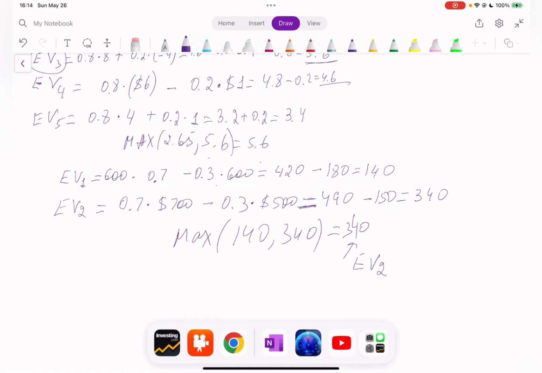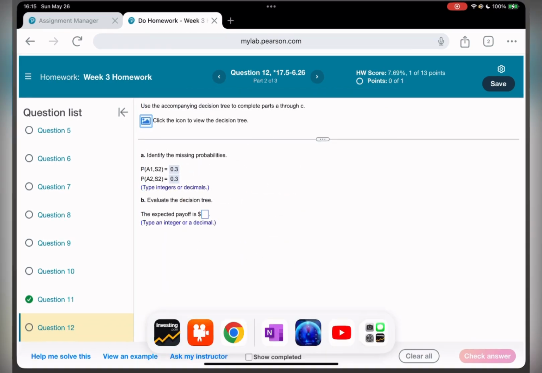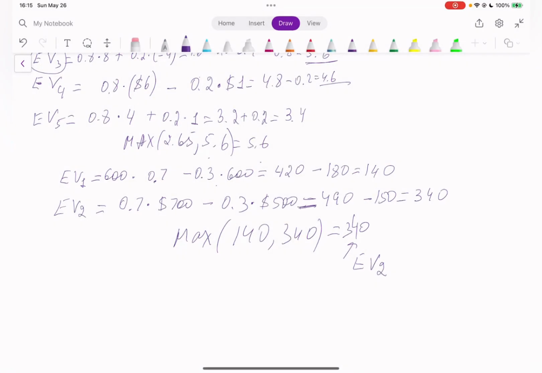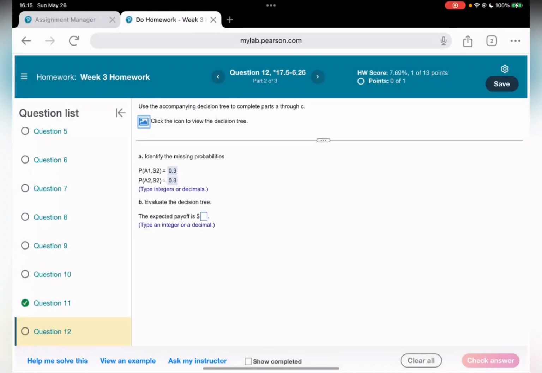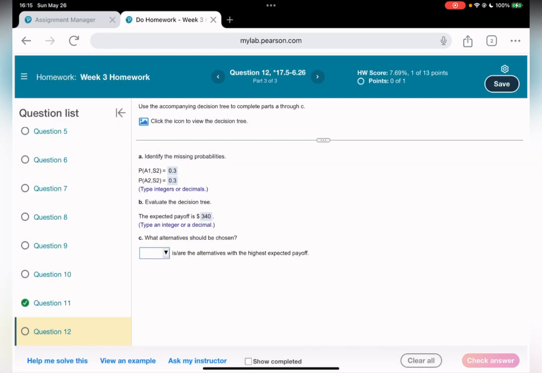Now, going back to my decision tree, since A4, A5 are not given probability, I'm going to assign the maximum between A1 and A2, and the maximum was 340, so I'm going to assign for branch A3 340. Let me double check one more time. Yes, 340. Okay, let me type it in. Well done.